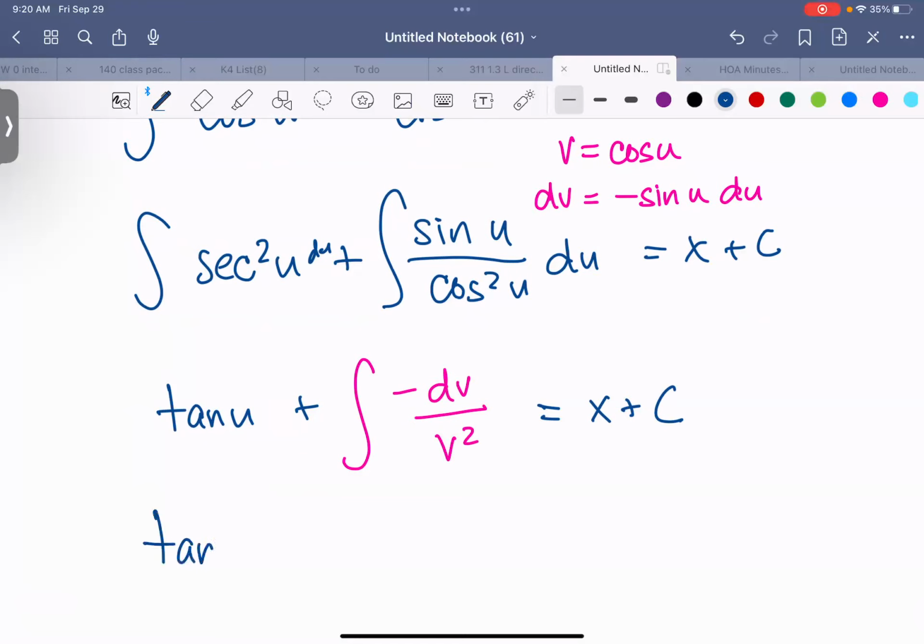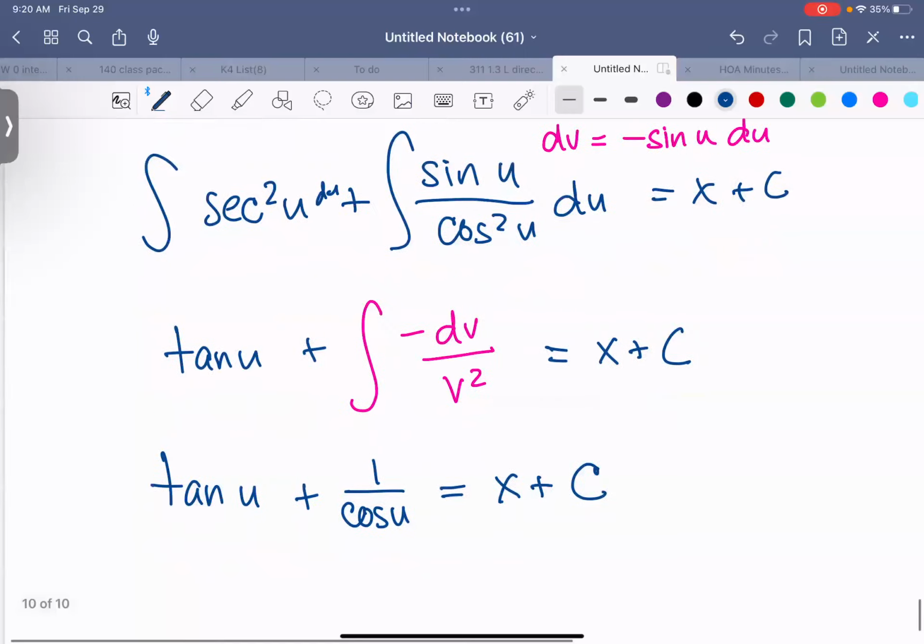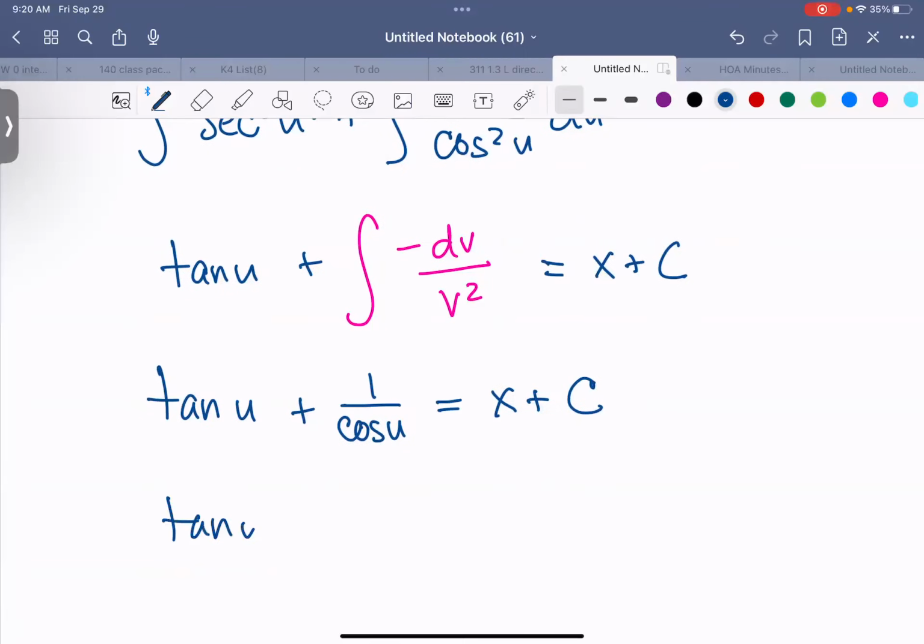Then I get the tangent of u, which we had. Let's see, antiderivative of negative 1 over v squared would be positive 1 over v. But v is cosine. So it becomes the tangent of u plus the secant of u equals x plus c.